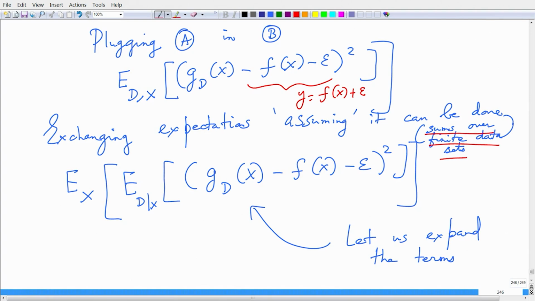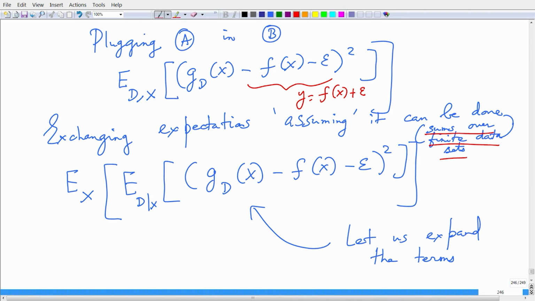Okay. So, what we do is the following. We first fix an x, some data points, right, and now we look at all those data sets conditioned to the set of points and we average over the squared quantity here, which is g_D of x minus f of x minus epsilon. Now, once we set this up, it is sort of straightforward.